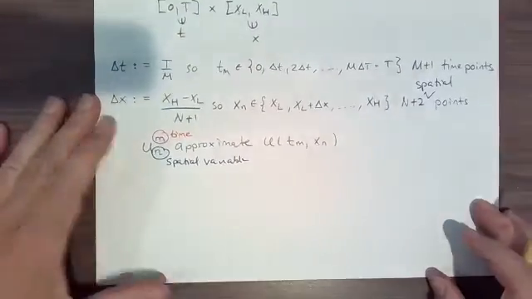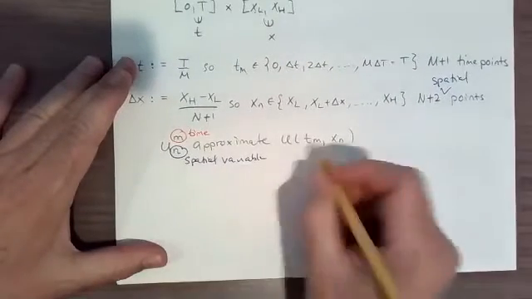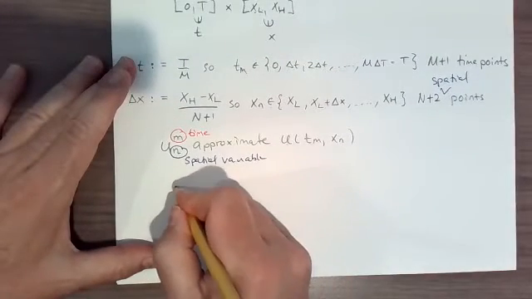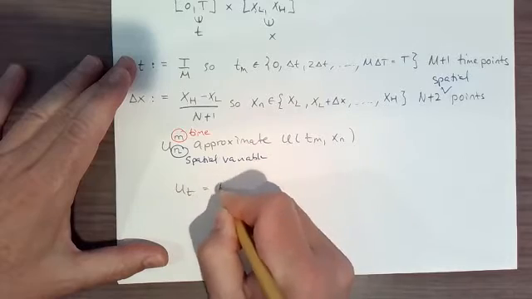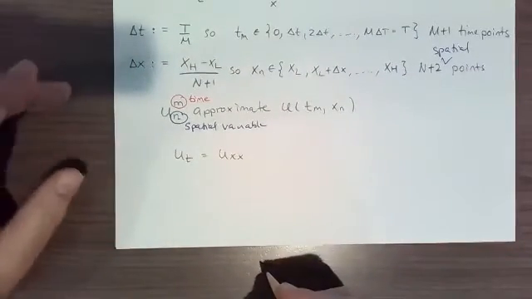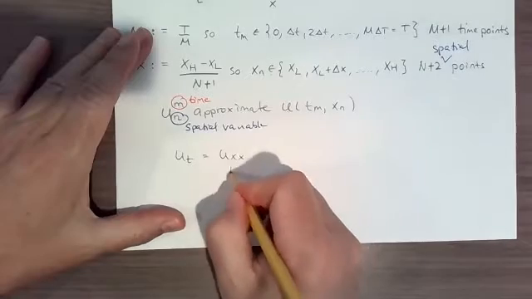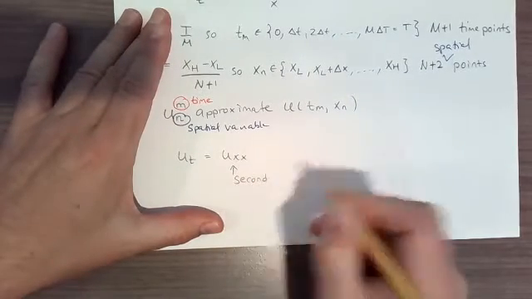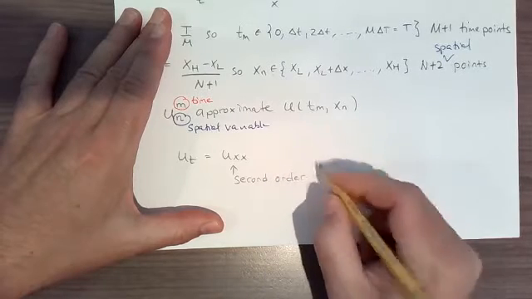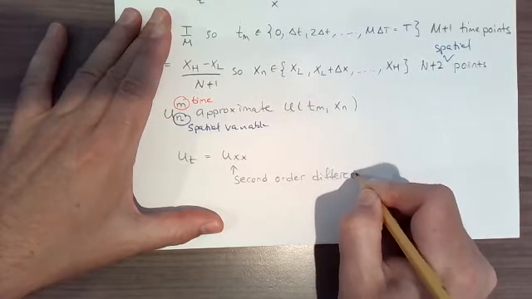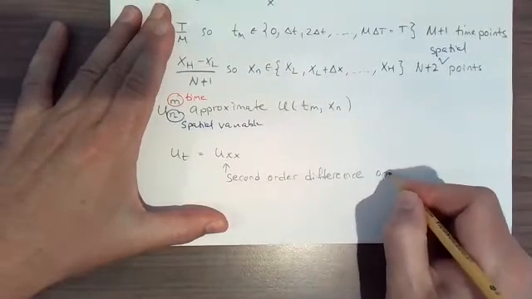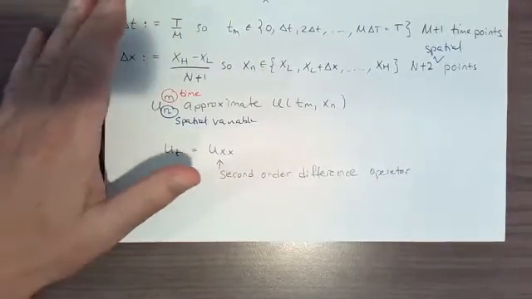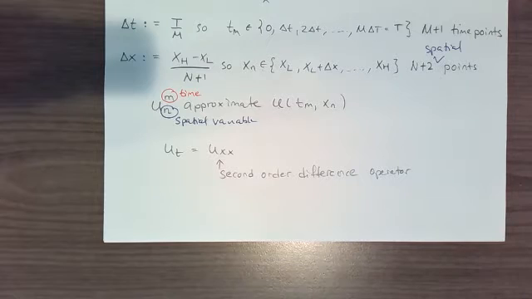So we go back to the PDE. We have the u function satisfying u_t equals u_xx. What we're going to do is replace this with the second order difference operator, the one we had from way back in the day, maybe last time or the time before.